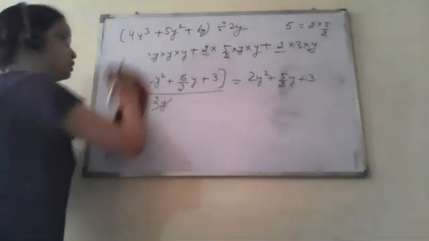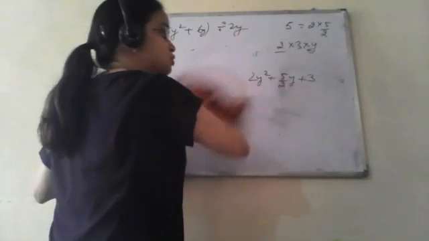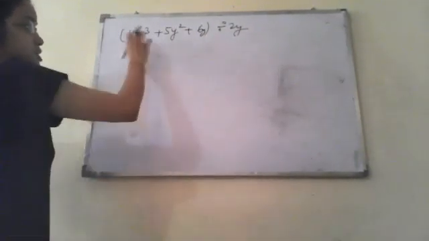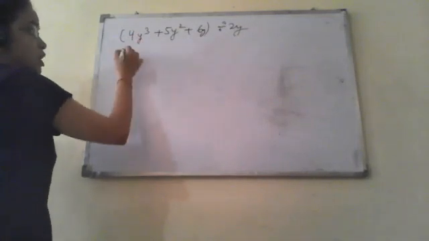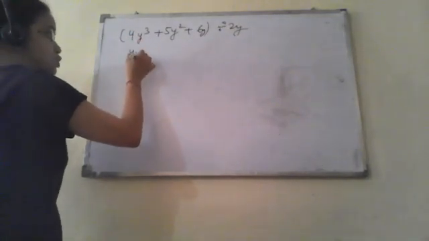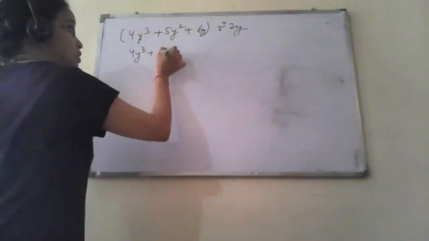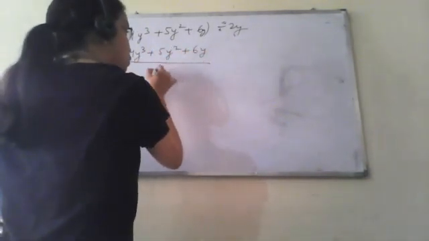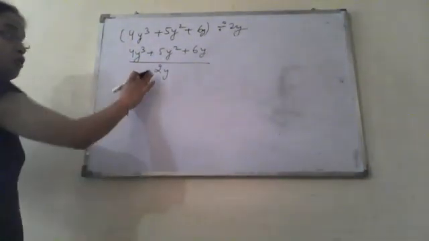Now there is one more method. This was taking the common factors. Since we have to divide the whole expression by 2y, if we write it like this, what does it mean?